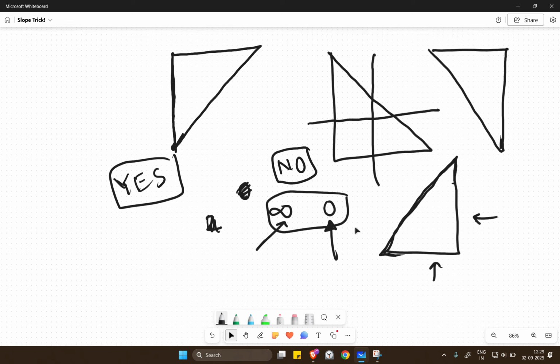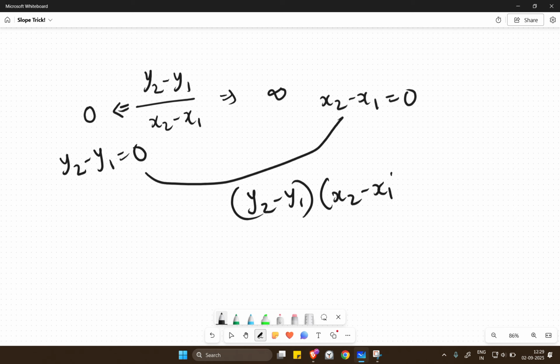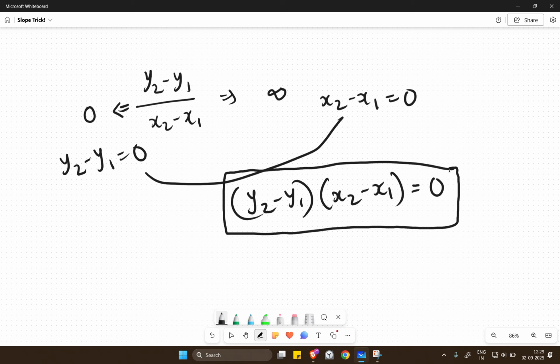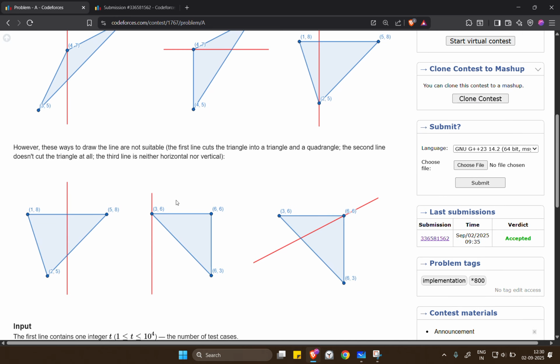So here also the slope is calculated by y2 minus y1 divided by x2 minus x1. If it is infinity, then x2 minus x1 needs to be 0, or if it is 0, then y2 minus y1 should be 0. Combining these two conditions gives that y2 minus y1 into x2 minus x1 should be 0. In this way you can count the lines having slope 0 or infinity.